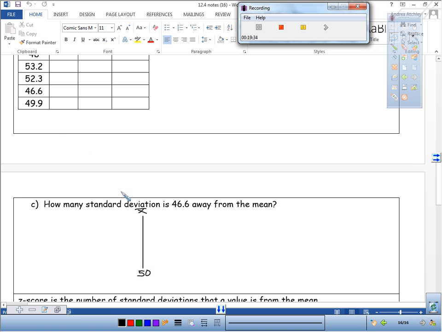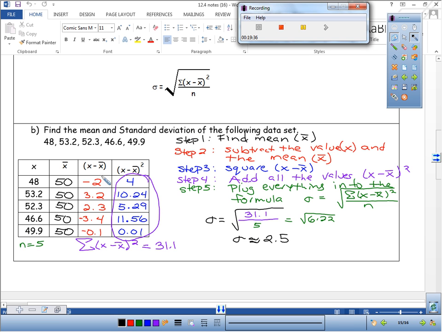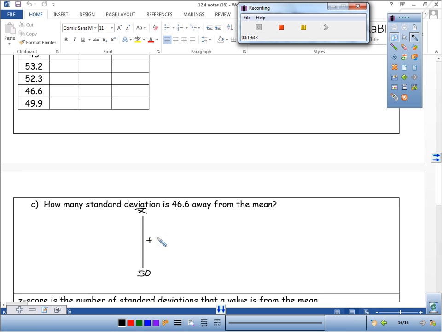We found the mean to be 50, which was right here. Okay. Then we're going to move 1 standard deviation above it. To find that, you just add your standard deviation, which is 2.5, to the 50. And you're going to get 52.5.